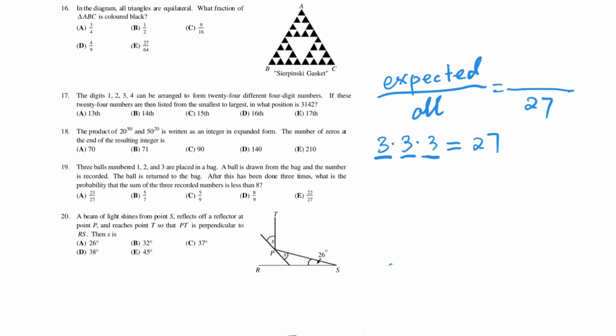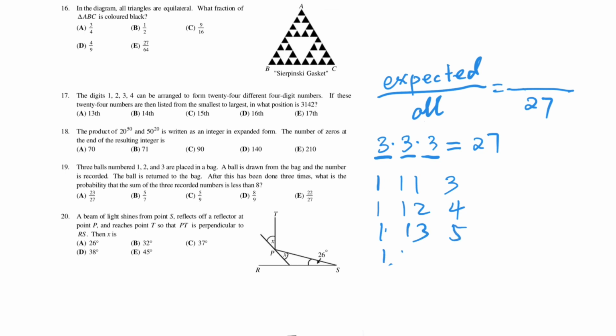So total events. What are the expected events? That's casework. So we start with 1. Maybe it is 1, 1, 1. The sum is 3. Maybe 1, 1, 2, that's 4. 1, 1, 3, that's 5.